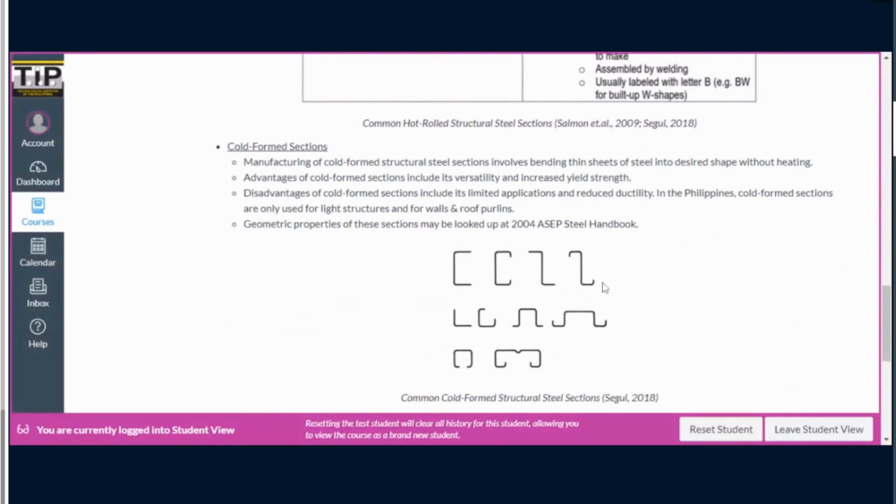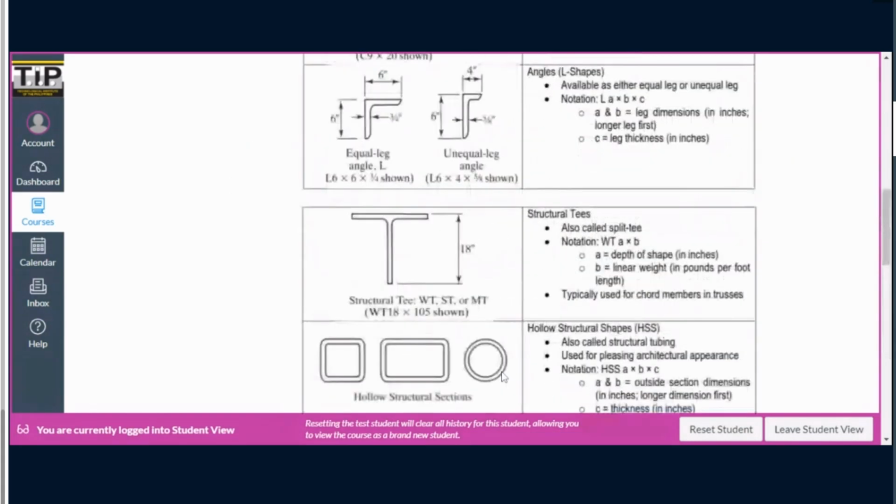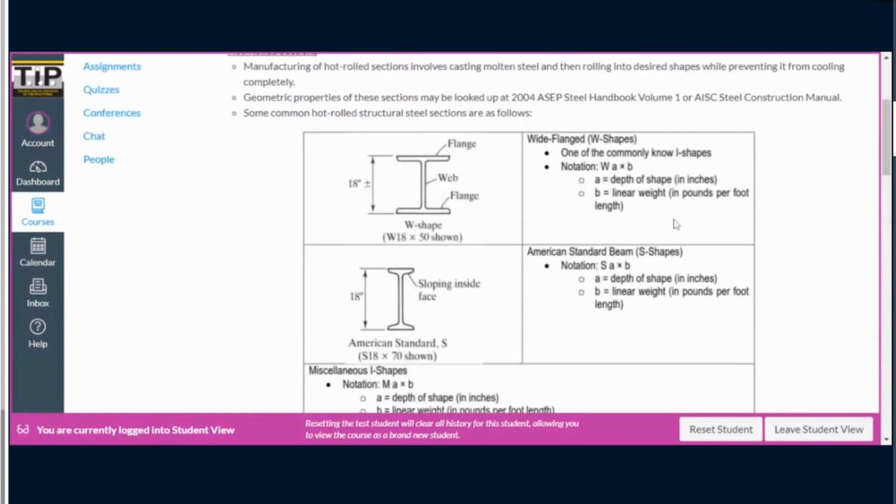Although the concepts are the same as what we discussed here, the design formulas are a bit different. So we will not discuss it here. I introduce it just for familiarity, but we will be focusing more on these sections right here, more especially the I sections, because these are among the most commonly used sections.